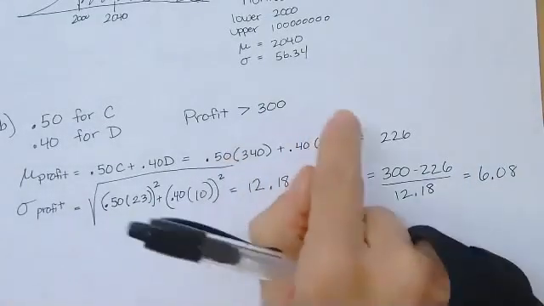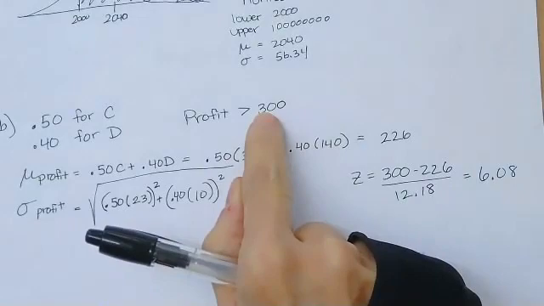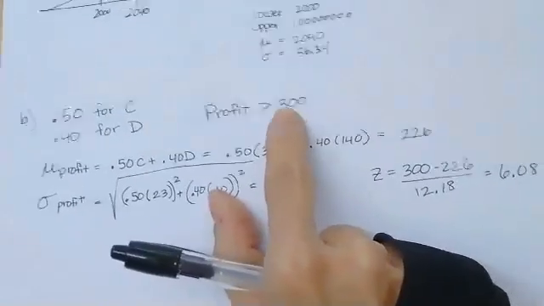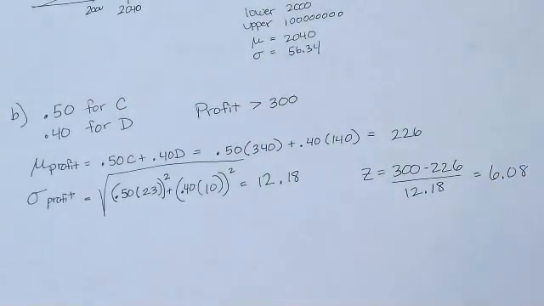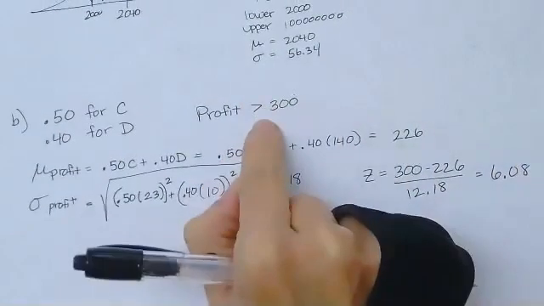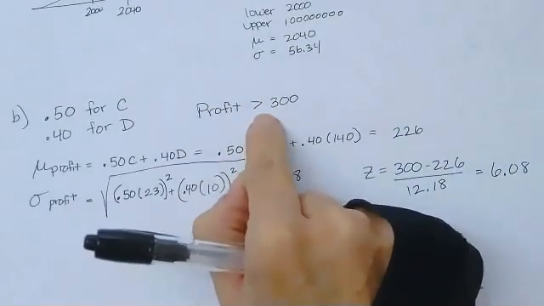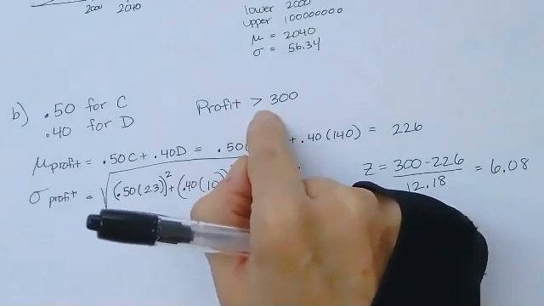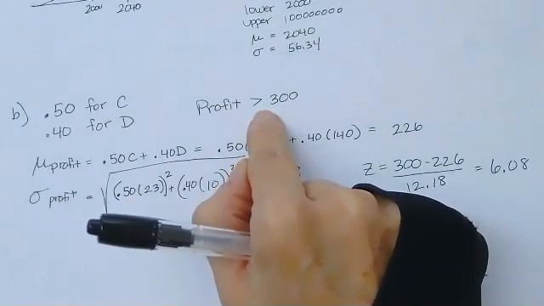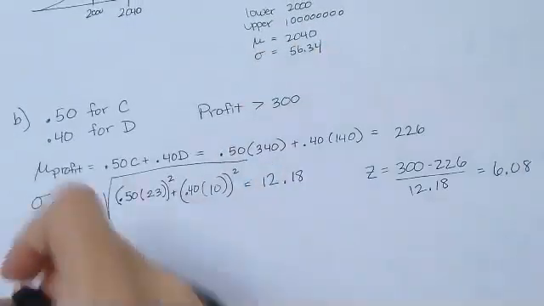So you tell me, is that very likely? Do z-scores of 6 come up very often? No. Remember, 99.7% of values on a normal model lie within 3 standard deviations of the mean. So he should pretty much never expect to get more than $300 in a day. That's extremely, extremely unlikely. You can calculate the probability using normal CDF, but it's going to be practically 0. Okay.